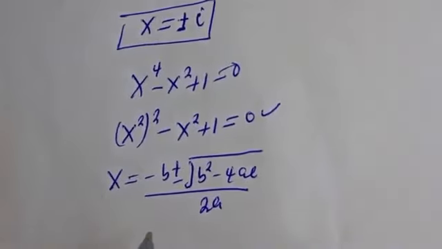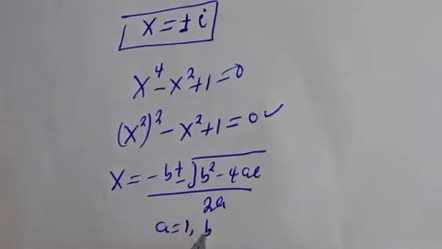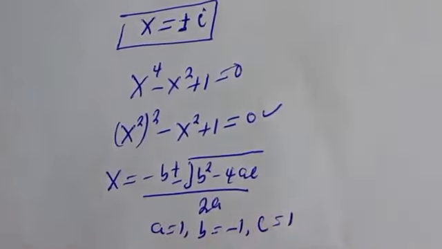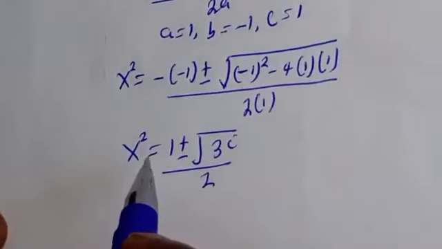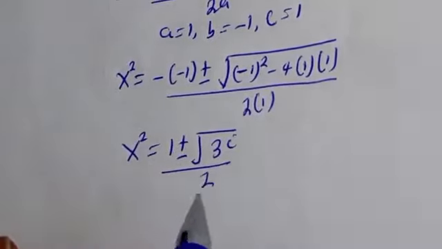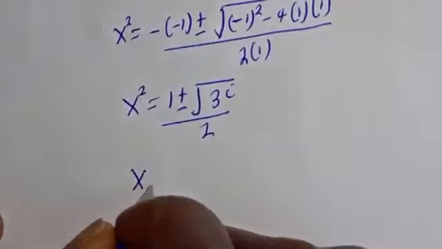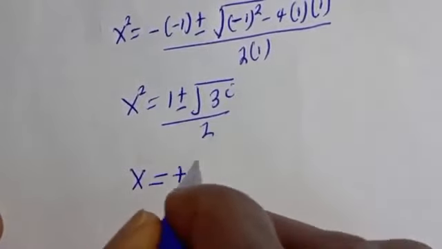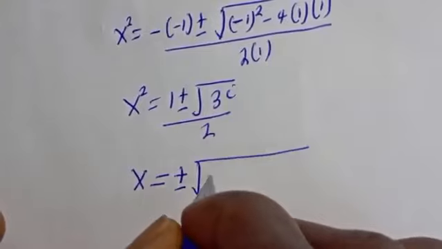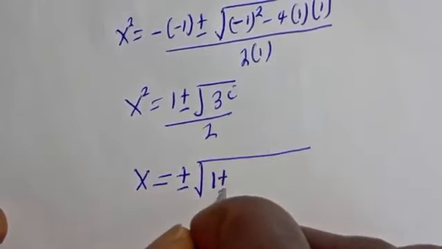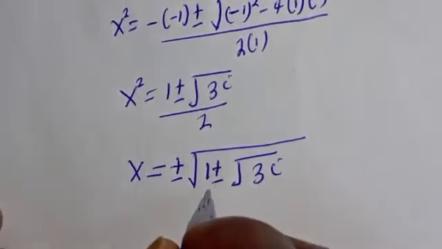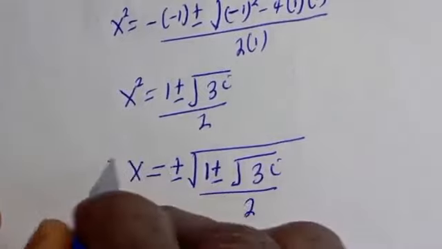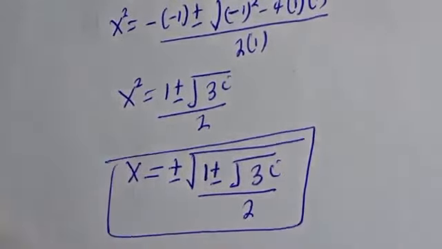Then a is equal to 1, b is equal to minus 1, c is equal to 1. Let's substitute. Then s squared is equal to 1 plus or minus square root of 3i over 2. Then s will be equal to plus or minus square root of 1 plus or minus root 3i over 2. Then this is the final answer.